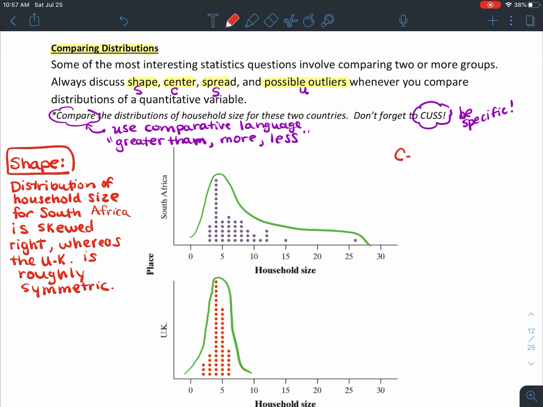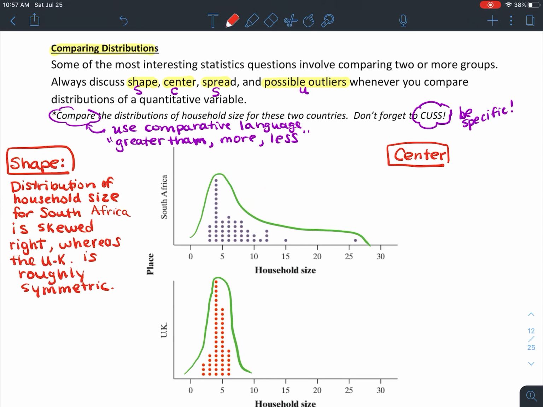Let's go ahead and shift over here to center, okay? Now, we want to find, first of all, what is the center of each of these? I'm going to start on the left. Let's see, 1, 2, 3, 4. Okay, there were 50 at least in South Africa.